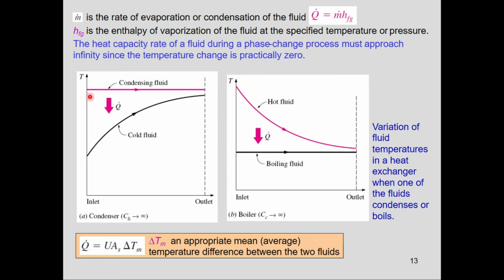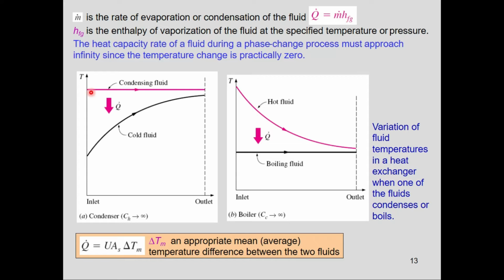These are the vapors which are entering at this point and leaving at this point, and this is the cold fluid which is entering at this temperature and leaving at the higher temperature. So during the condensation process, the vapors are condensing into liquids, and the temperature is not changing, it is constant. This horizontal line means the temperature is constant for the vapors which are condensing into liquids.